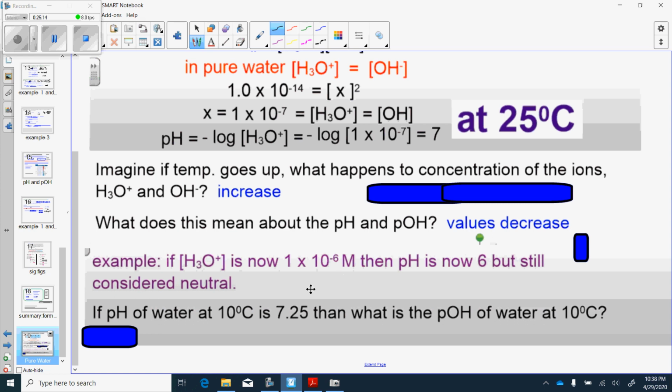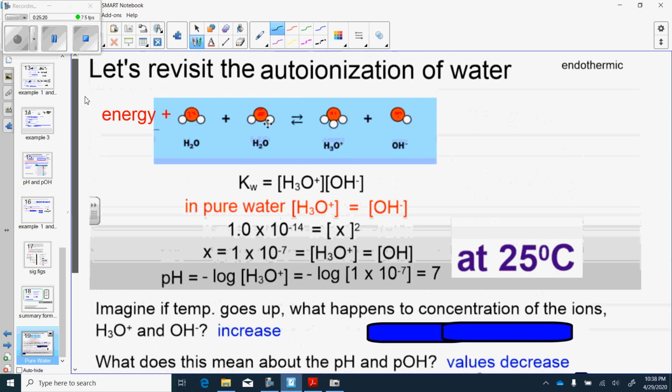Well, if you look at the equation, the mole-to-mole ratio between H3O+ and OH negative is 1 to 1. So if the pH goes to 6, guess what? These guys have equal amounts here because it's still a neutral solution. So the pH is going to be the same for both of them.